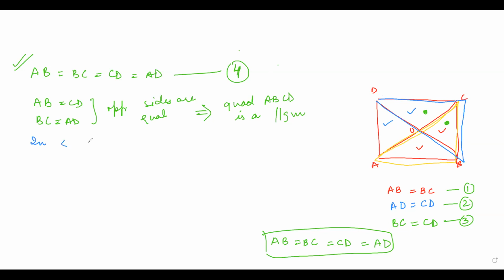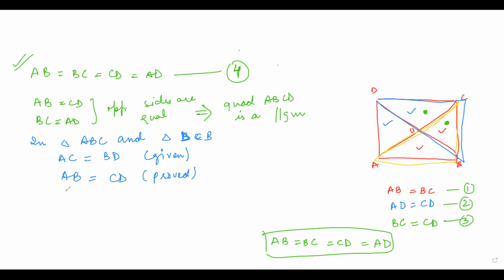So in triangle ABC and triangle DCB, you can say, right? Now what can I take? It is already given that the diagonals are equal. So I can say AC is equal to BD, which is given to me, right? And I have just shown that AB is equal to CD, proved already.